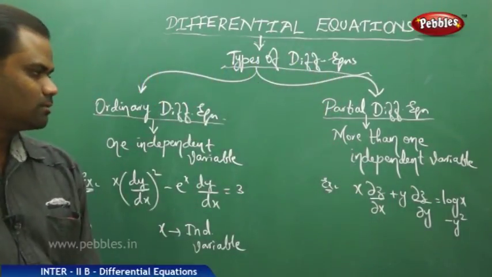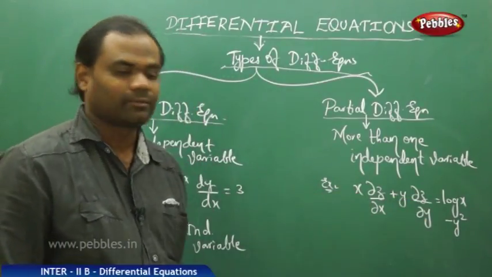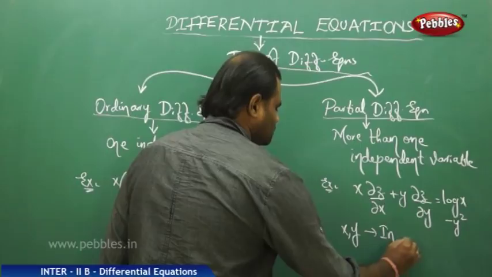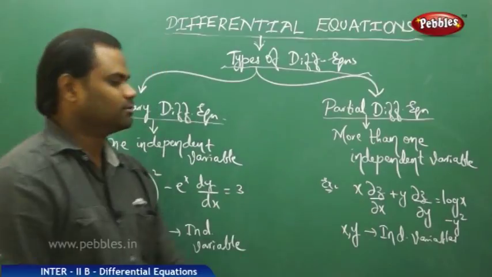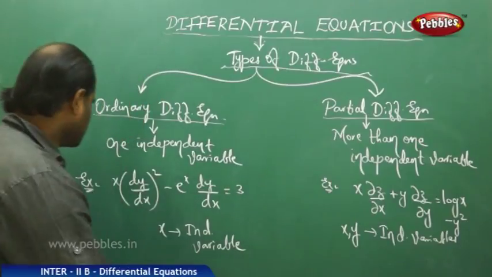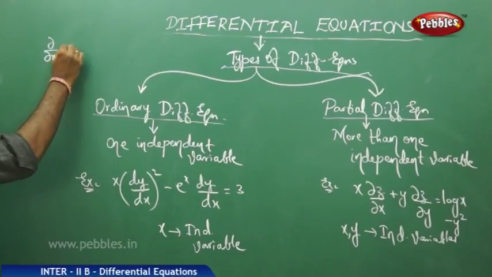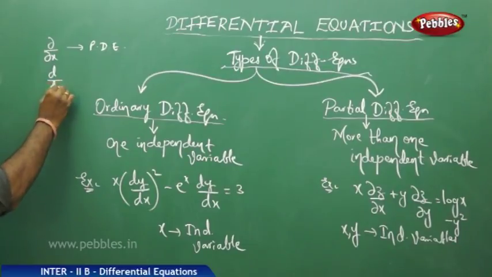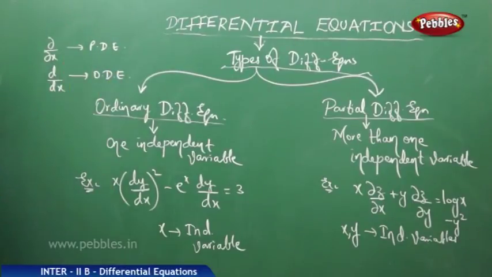Now in this case, we have one dependent variable z, but there are two independent variables x and y. So in this case, it has more than one independent variable, and hence it is called a partial differential equation. Usually the derivatives in a partial differential equation are denoted with dou by dou x, and d by dx of a function is denoted for an ordinary differential equation.